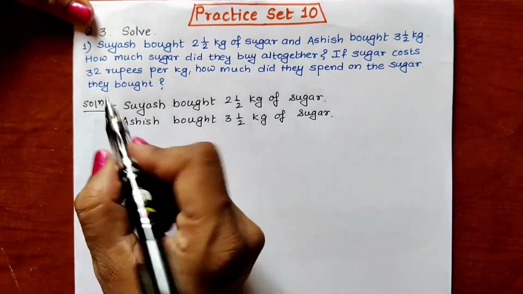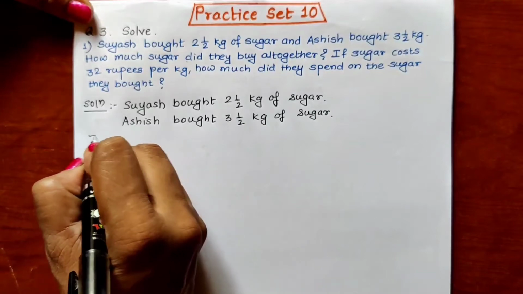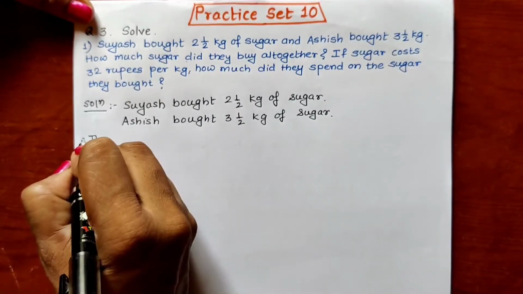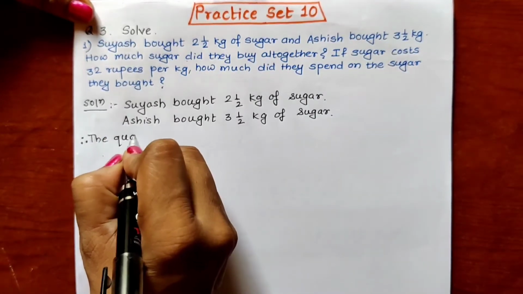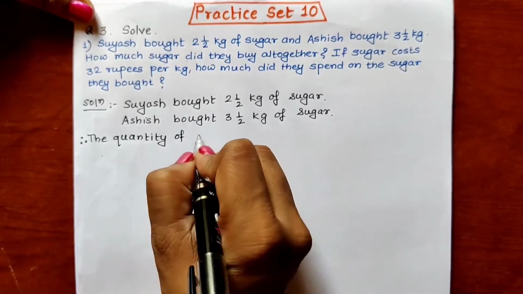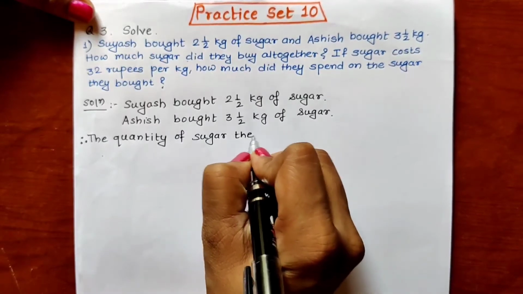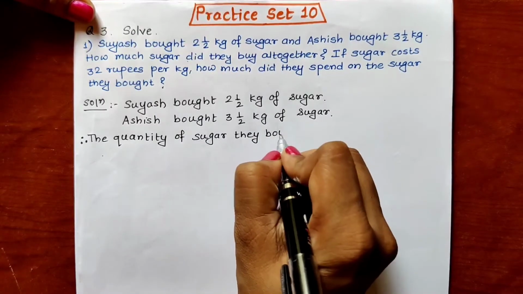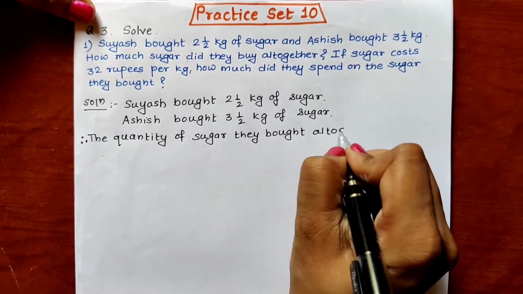Now we have to find out how much sugar they buy altogether. So I will be writing the therefore sign. This symbol is known as therefore. Therefore, the quantity of sugar they bought altogether.